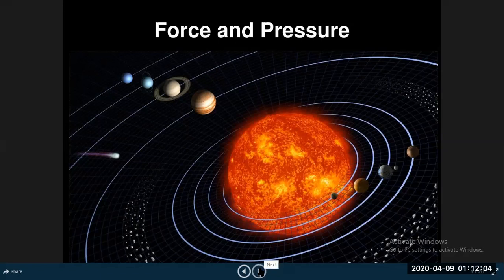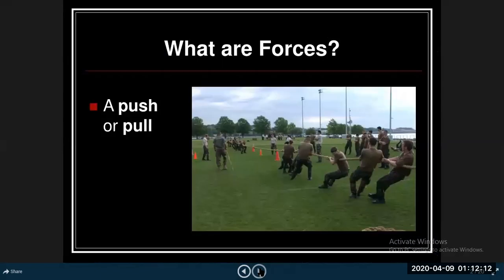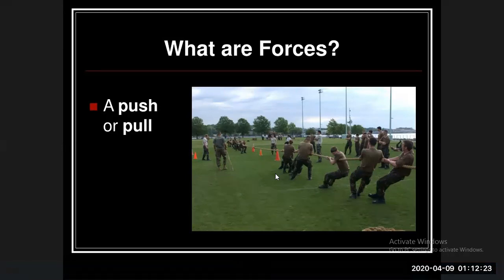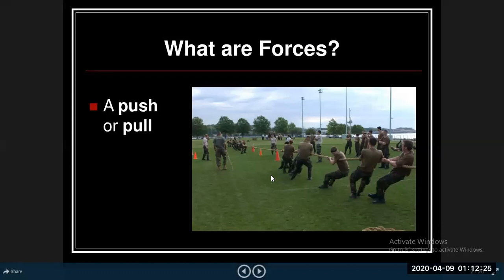So let us first have a situation where we can see the force is visible, its effect is visible, force itself is not visible. So in the previous class, you were taught force is a pull or push. In the same way, here we say force is a pull or push.